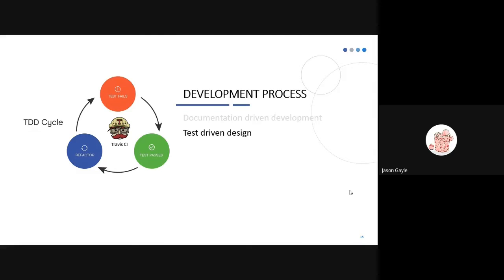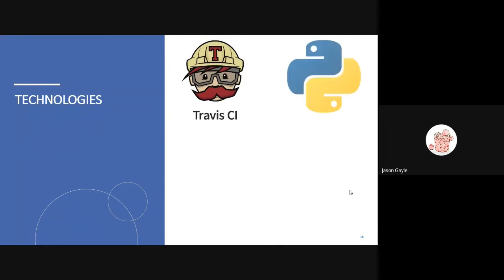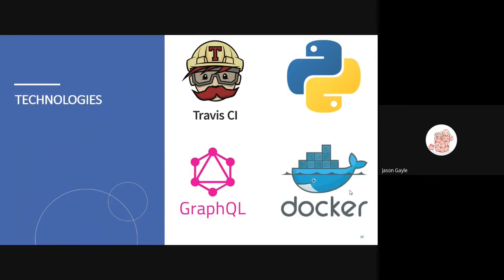And oftentimes I tested this in Travis CI to ensure that it would work consistently on multiple machines. Now into technologies. Technologies that I learned through the Calico Challenge included Travis CI, continuous integration. I had improved my knowledge in Python. I had been exposed to some GraphQL, and I had been exposed to using Docker for making containers for applications.